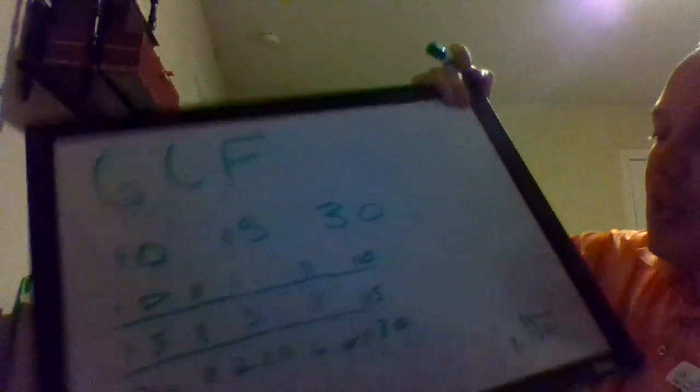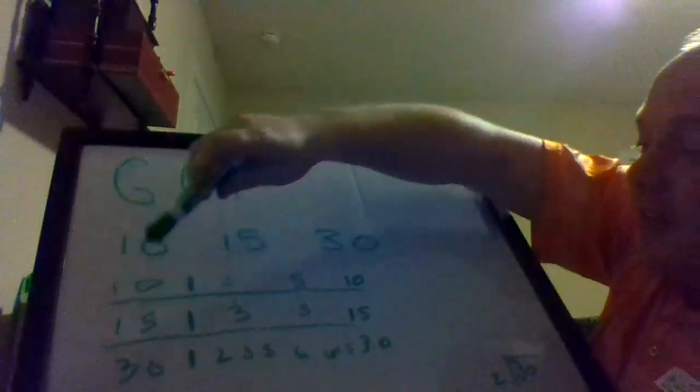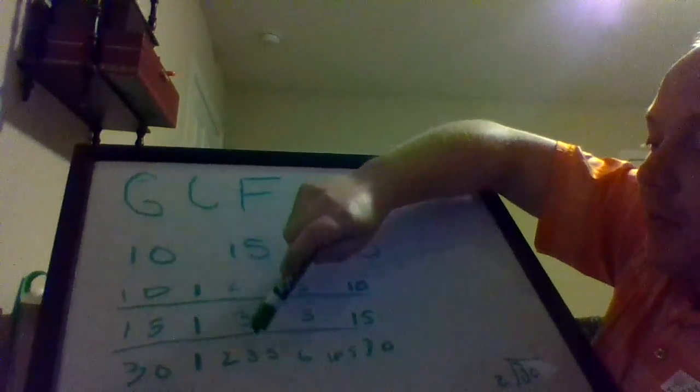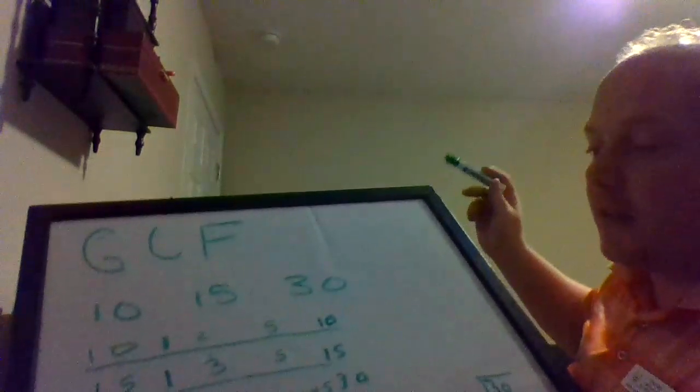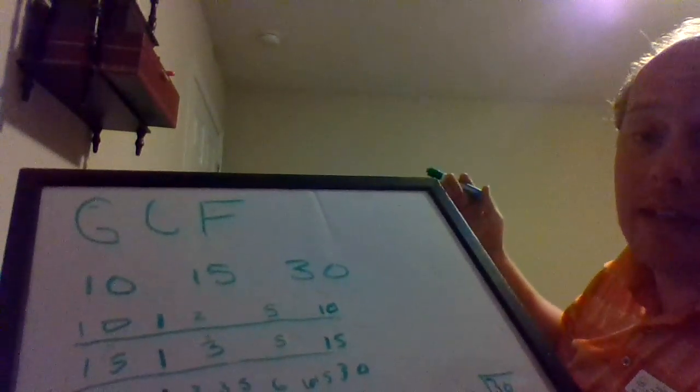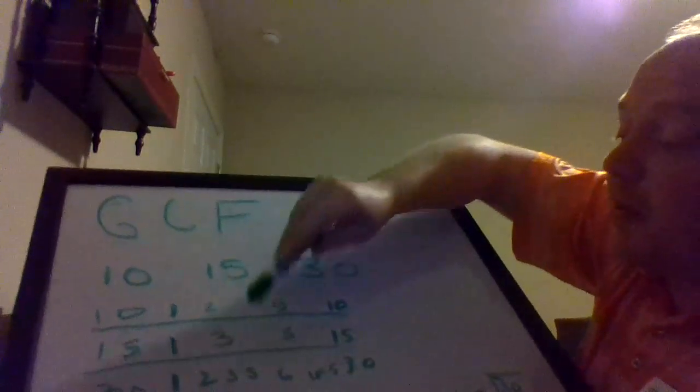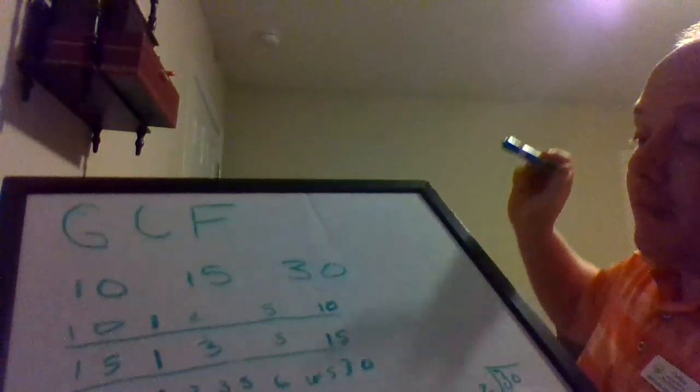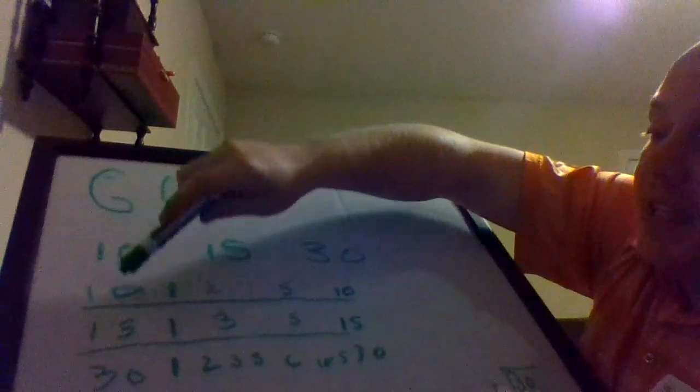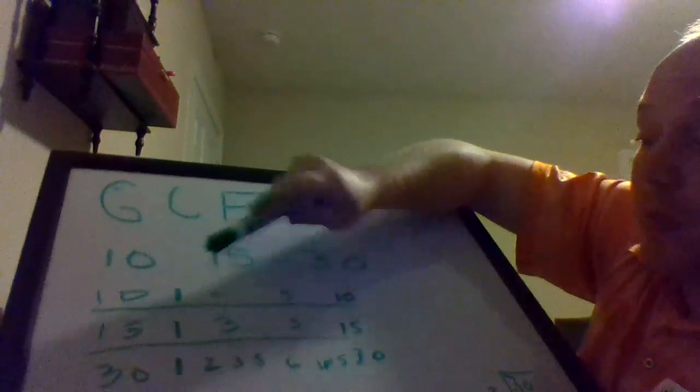Now comes the second fun part: looking at what all of these numbers have in common. So 15 and 30 both have 3 in their factors, but 10 doesn't. So we can't use 3 because all 3 have to have a 3 here. 10 and 30 have a 2, but 15 doesn't.